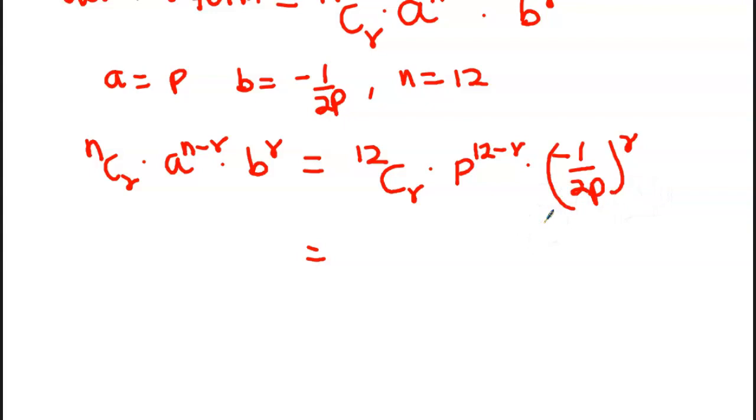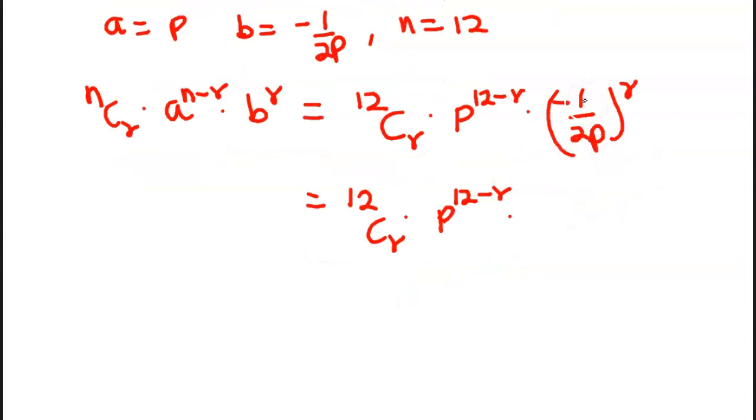The motive is to put all the p's together. How do you go about it? We use the concept of indices. So let's go to 12 combination r times p raised to the power 12 minus r times, and this r here is affecting everything in the bracket, so we can rewrite minus 1 on 2p as we split them.